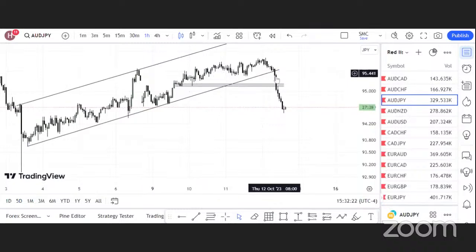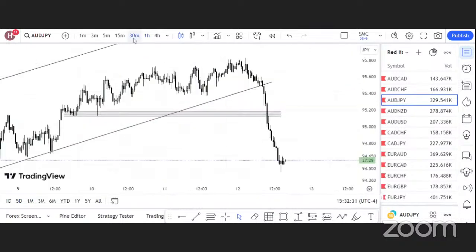And what happened again? The market broke out of this trend line, and ever since, the market just keeps going to the downside without even a retest. So now, one of the things again is, retest is not 100% guaranteed. Okay, so sometimes you get a market breakout and the market will never retest.